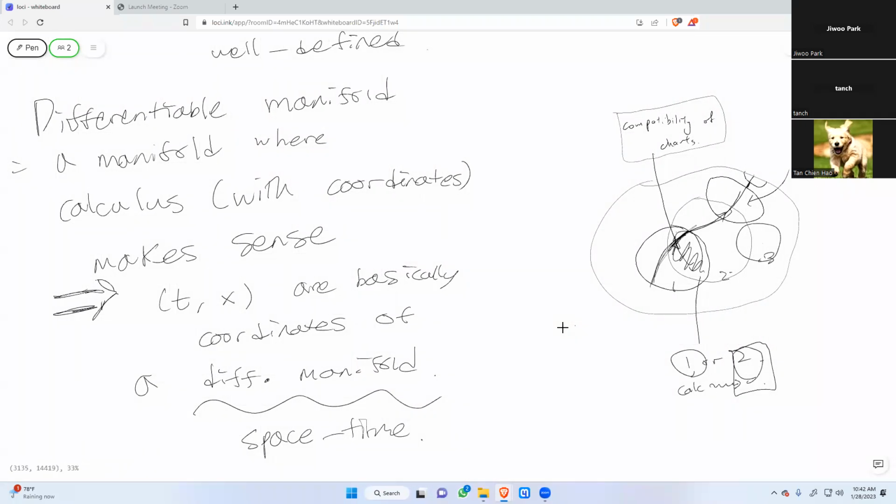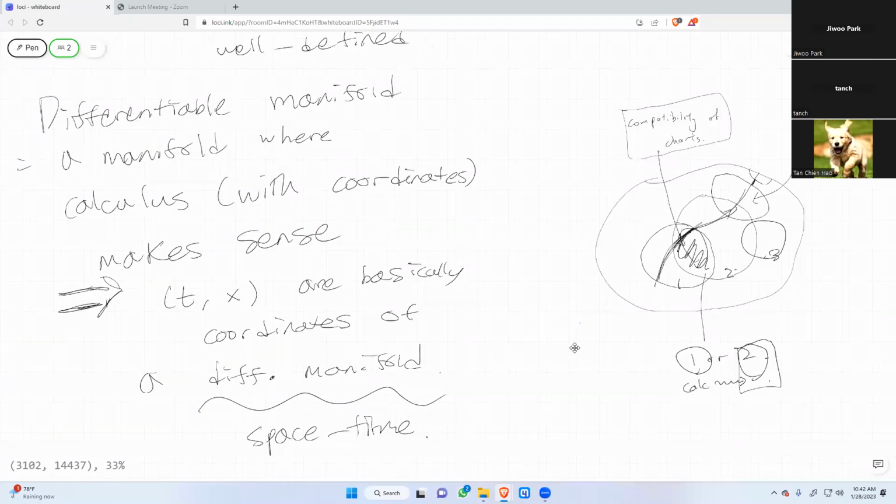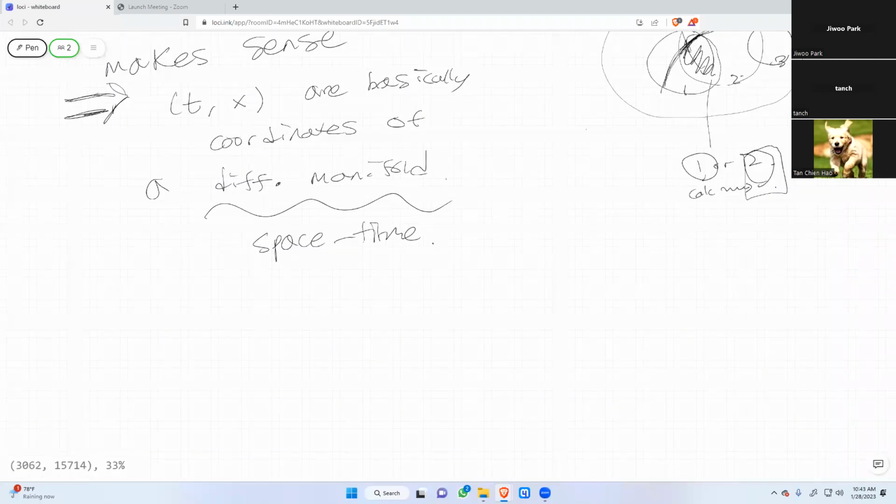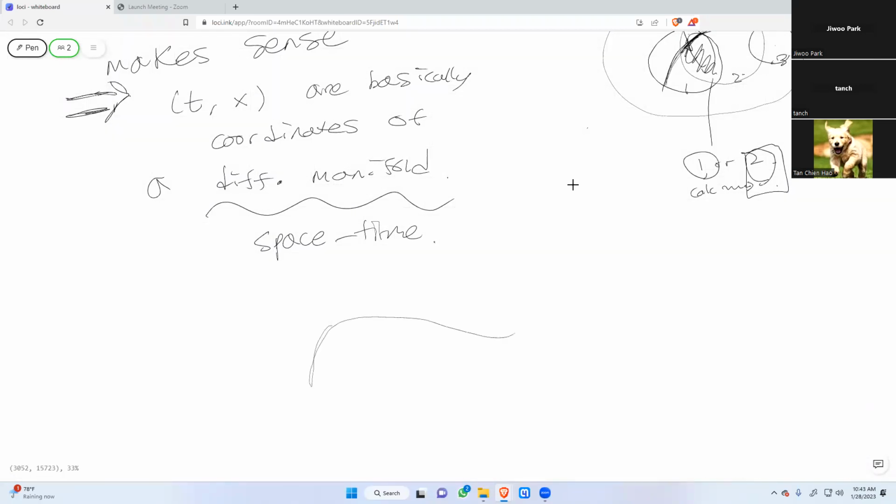Okay, so how about the tangent space? There are a few definitions of tangent space. The one I'm most comfortable with is the one where we define functions on a manifold. Given a manifold, for every point there's a sense in which there's a tangent plane.